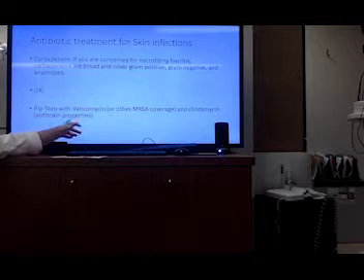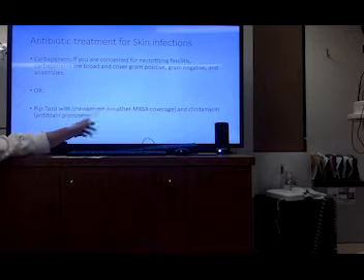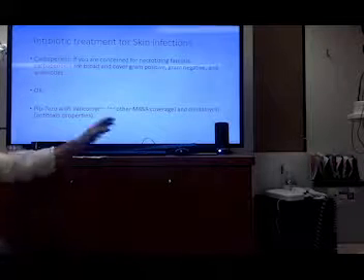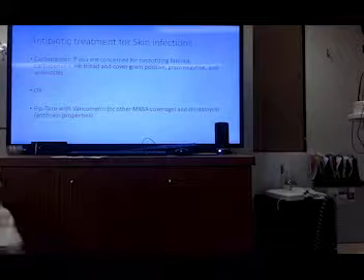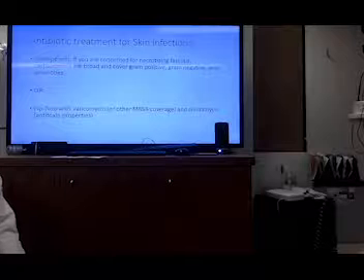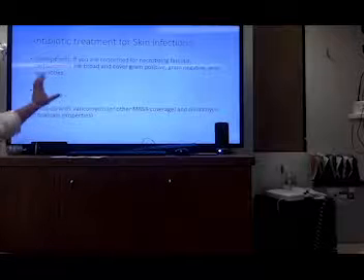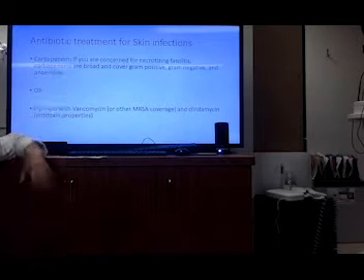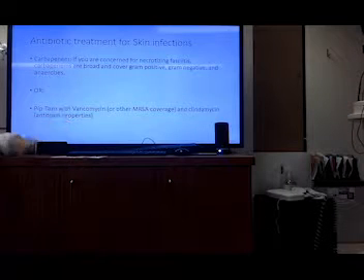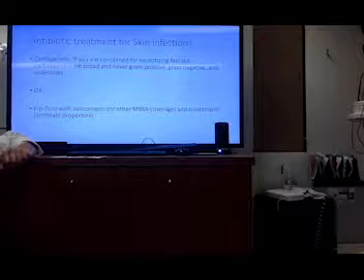Clindamycin has been shown to prevent those toxins from working. I didn't look up the mechanism, but that's the reason why you'd add it on, because if you have vancomycin, you're already having MRSA coverage. But this would be specific if you're concerned for necrotizing fasciitis. If it was just cellulitis, I don't think you have to be as worried about the toxins. Okay. Still.